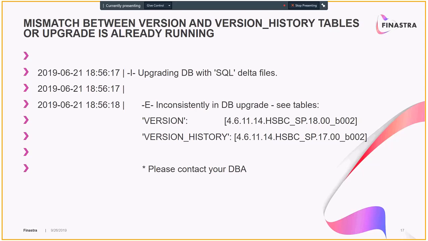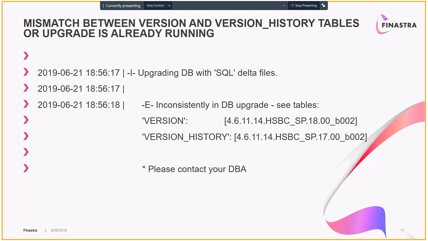For example, here we see 461114 HSBC 17B02, this upgrade was done, and as soon as this upgrade happens, the row is inserted in that table. So like this, we understand what exactly versions are done there. It means we keep the history of the versions, so that is why it's called version history.